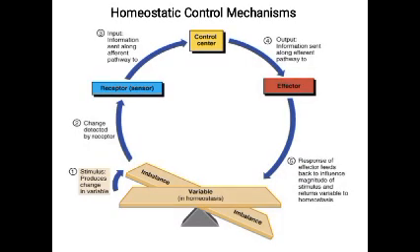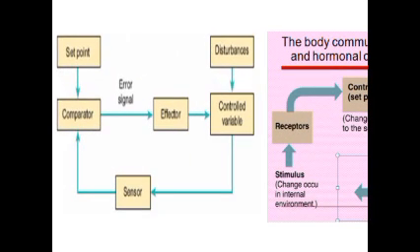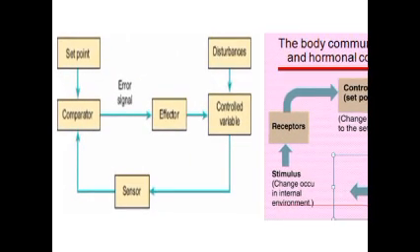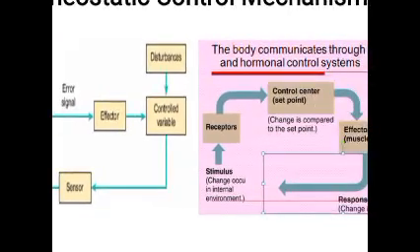Homeostatic control mechanism. This is its diagram. The second diagram looks like this: set point, comparator, error signal, effector, disturbances, controlled variable, sensor.